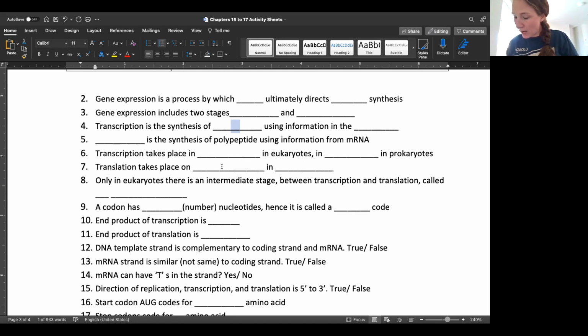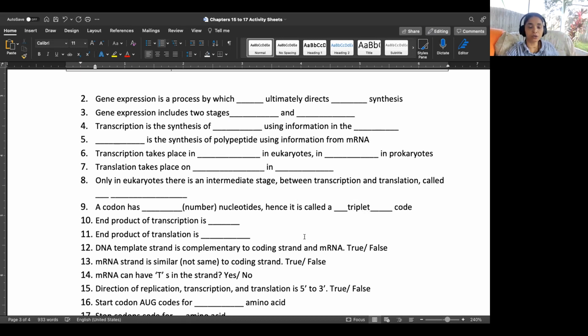And then number 8, only in eukaryotes there is an intermediate stage between transcription and translation called RNA processing. Good. And then a codon has 3 nucleotides, hence it is called a triplet code. Like triplets, 3 kids born at the same time. Triplet code. Next.